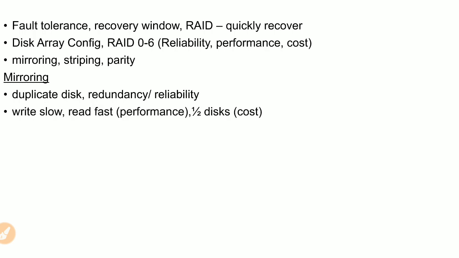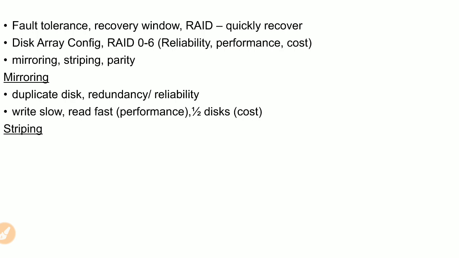The write operations are very slow because you have to write a single piece of data on two different drives, but the read operations are faster because you are reading data from two different drives. Therefore, there is a 50% decrease in the storage space because 50% of the drives are utilized for duplication. So there is a cost associated with the mirroring operation.